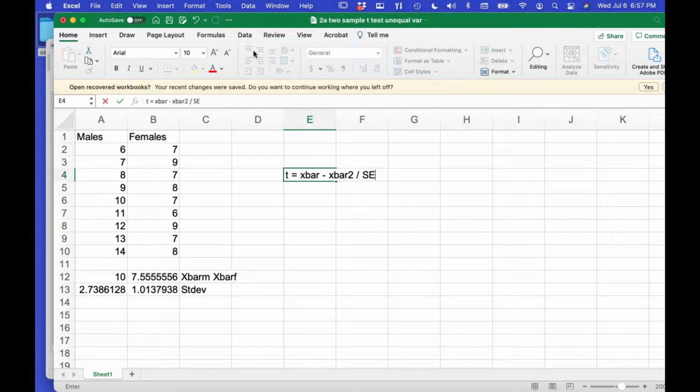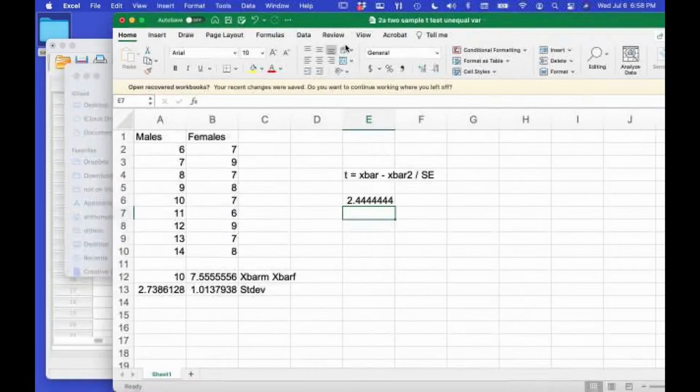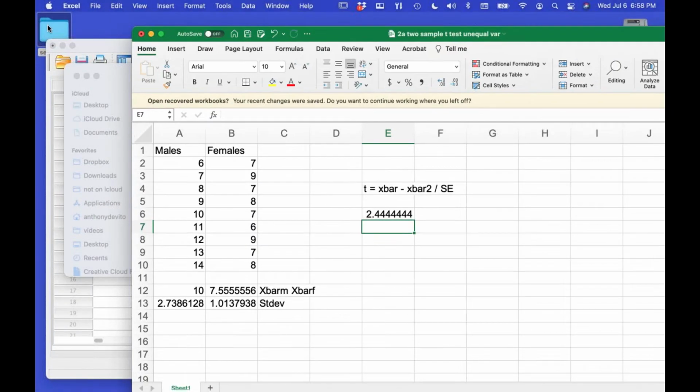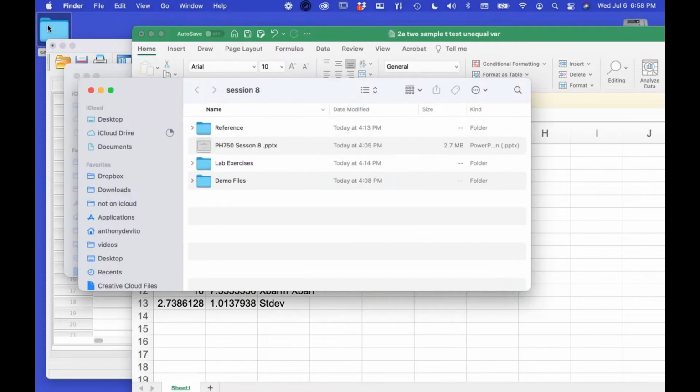So what's the complication here? The top is easy. X bar 1 minus x bar 2 is easy to do. Well, what about the bottom? What about the standard error? How do I calculate the standard error? That's where things get a little complicated. It's going to get a little complicated on degrees of freedom possibly as well.